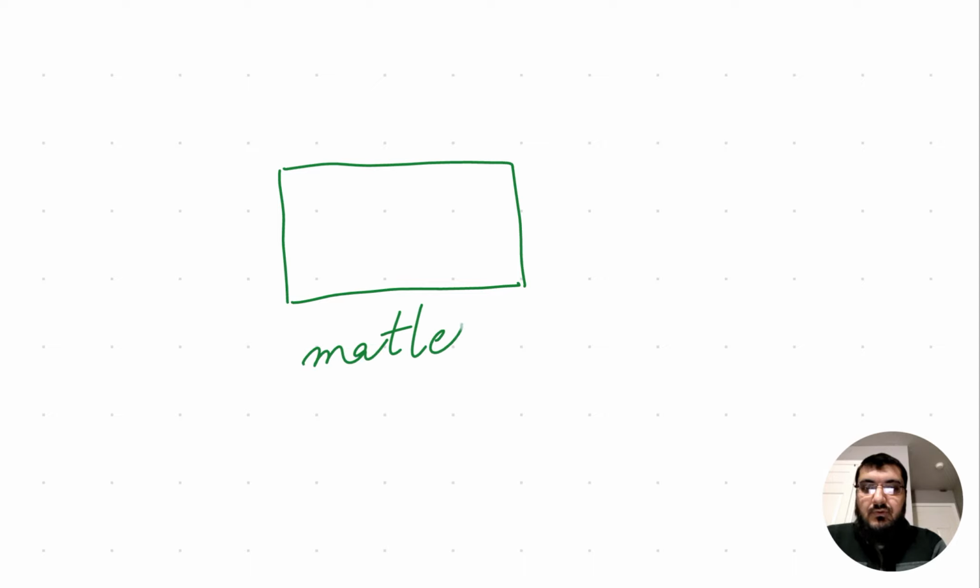For example, I have this piece of matter. Why am I calling it matter? Because matter can be solid or fluids.